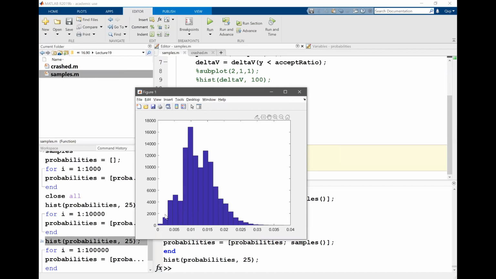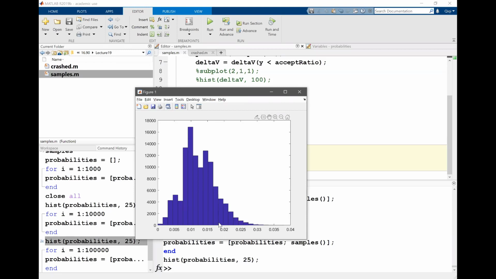So let's say we perform a sample and we are so lucky that we get a number that's very close to 0. We shouldn't just assert that the probability that we crash is very close to 0. Because in fact, if you sample this a lot more times, you're going to get some much larger values, like 2% or more.